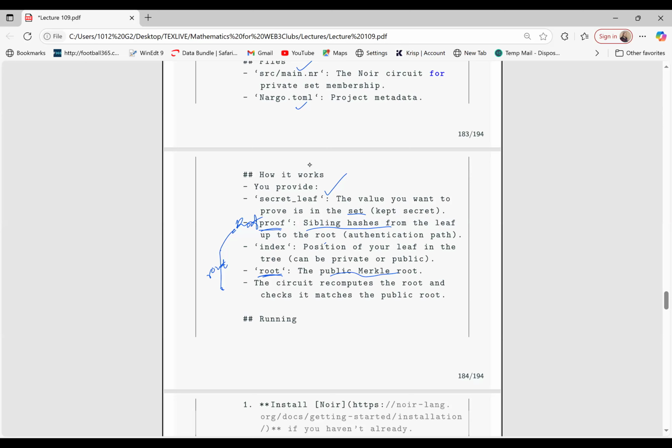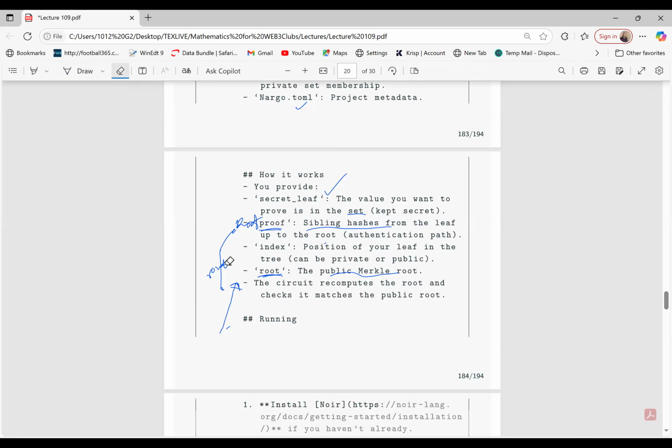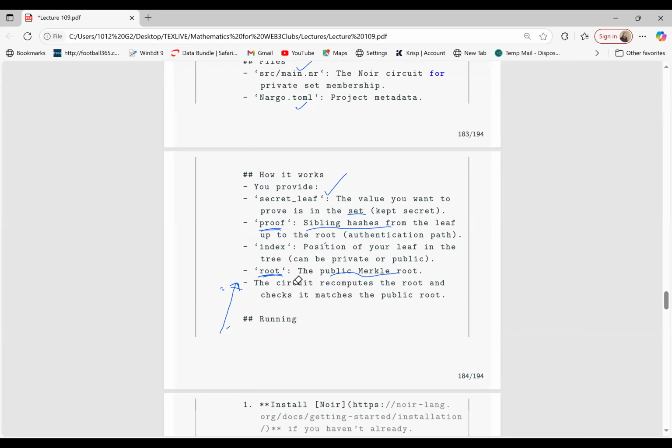That is what the verifier will be using, because the verifier will be tracing from the leaf to the root to see whether the proof is valid, but it does not know what the leaf is. So you just provide something as a leaf, but the verifier can go through the proof and see that it's valid.